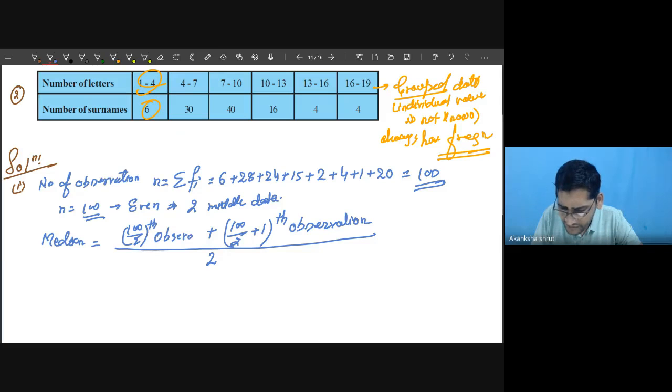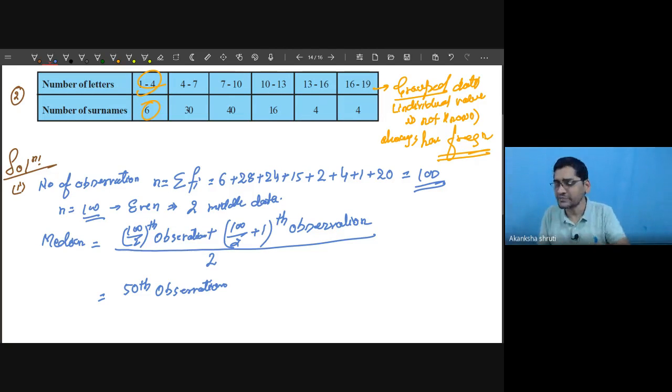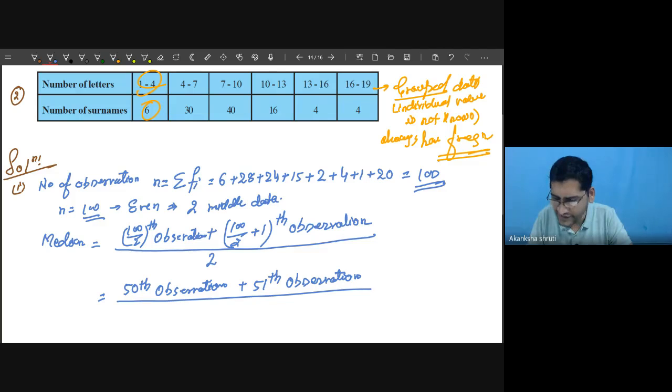So we have to find 100 by 2, the 50th observation, meaning which data is present at the 50th position, plus the 51st observation, meaning the data at the 51st position. Then I have to divide by 2.